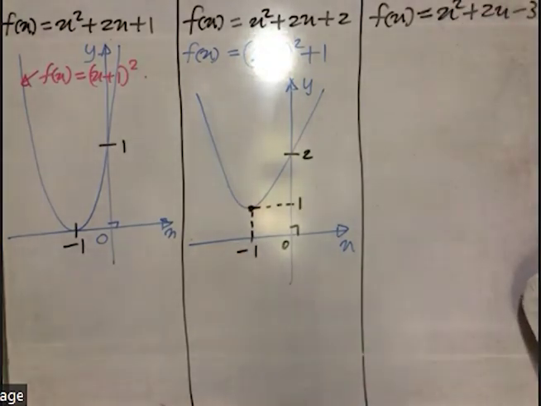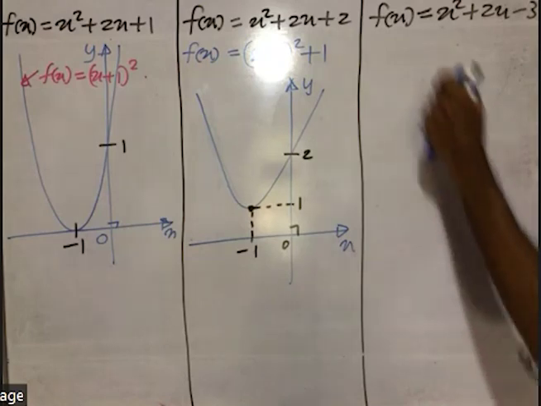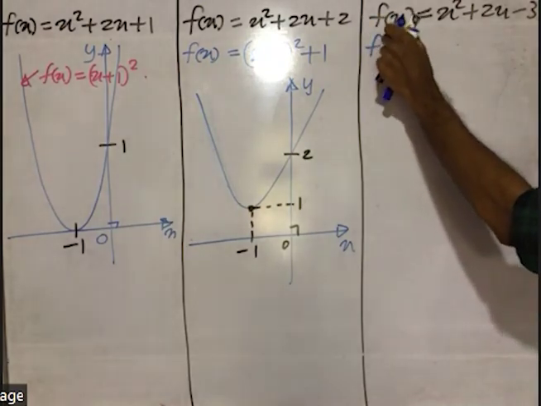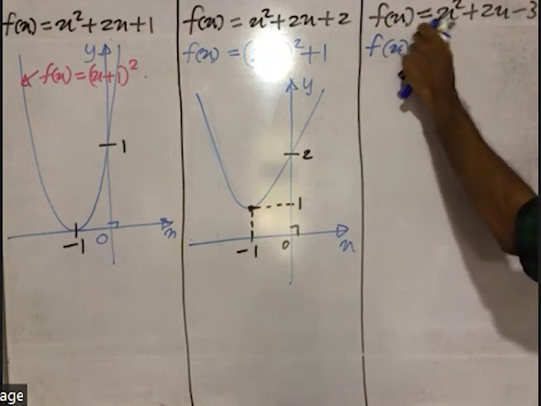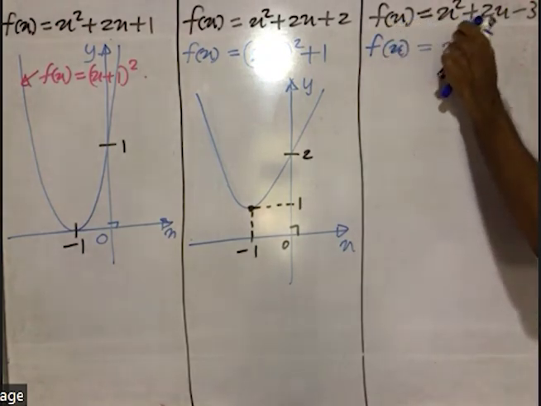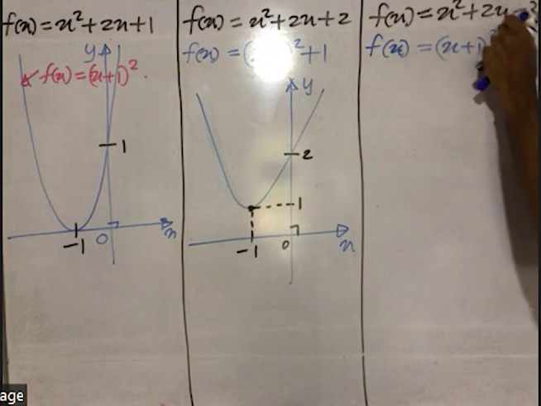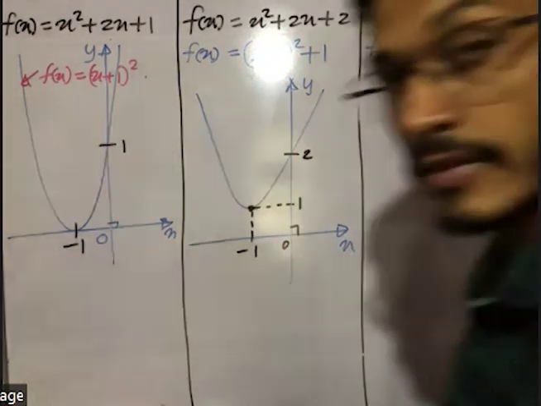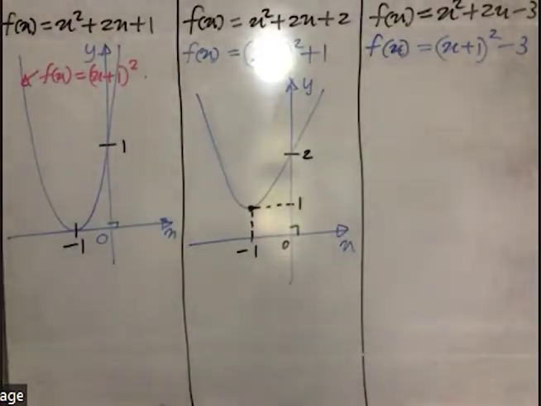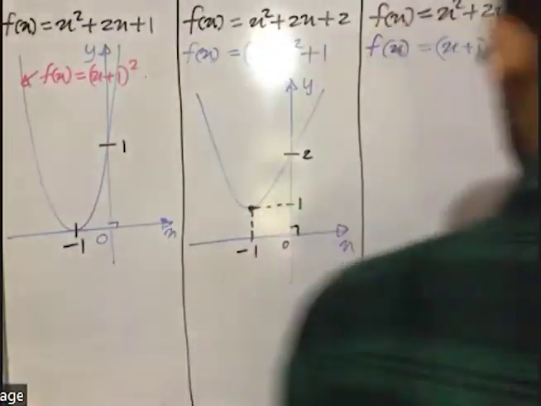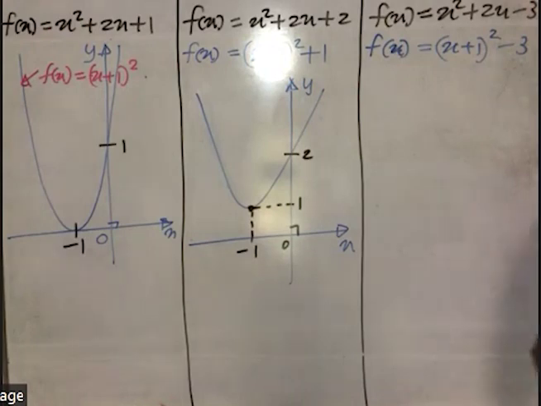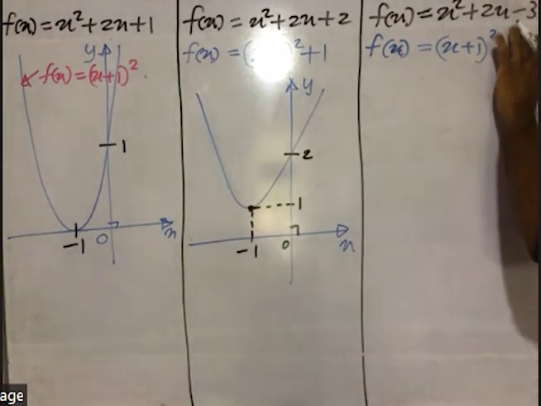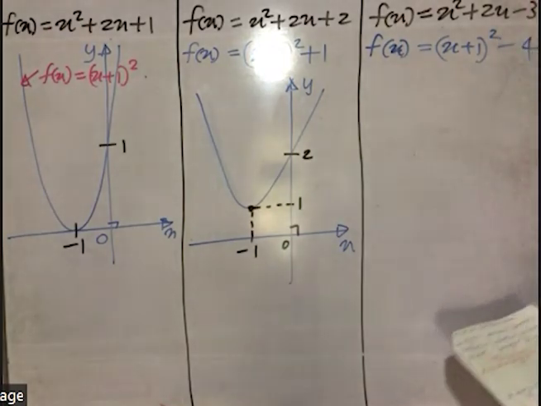Okay. Now we can draw the graph of the third function. Here also we can simplify this function using the completing square method. Then the simplified function is (x plus 1) square minus 3. Right. Now we can draw the graph of this function too. So here minus 4. Here we will get two factors.